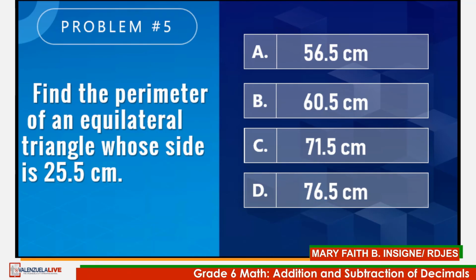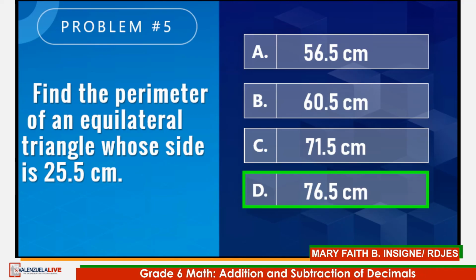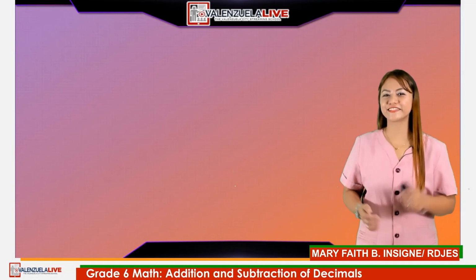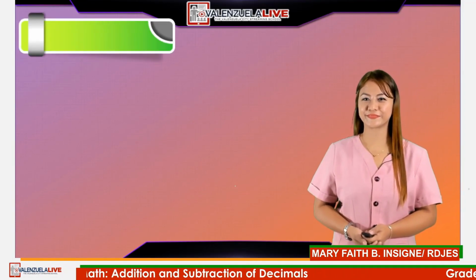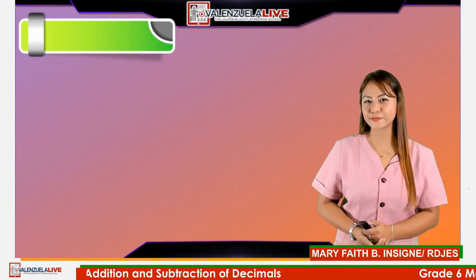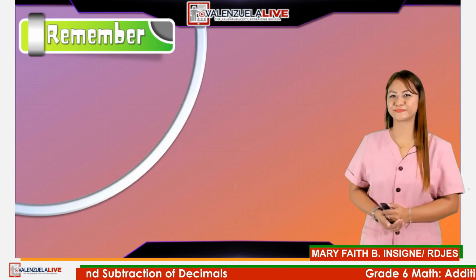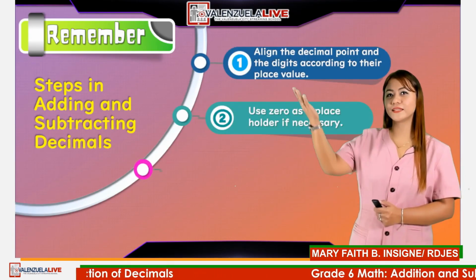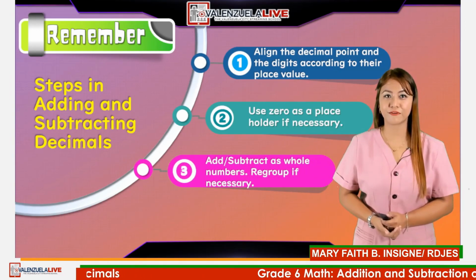Time's up. If your answer is letter D, you are right. Well done, mathletes, and thank you for responding to our activity. Now, let's remember the steps in adding and subtracting decimals. Step 1, align the decimal point and the digits according to their place value.